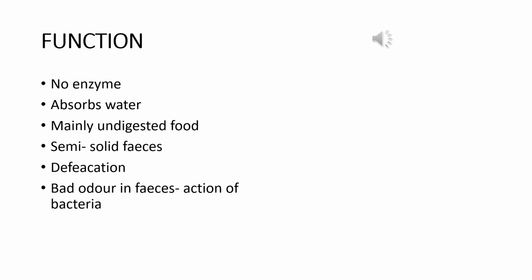It stores mainly undigested food, and since it has already absorbed water from the undigested food material, it forms semi-solid feces. It helps in the defecation process, that is helping us to expel the undigested food materials from our body.